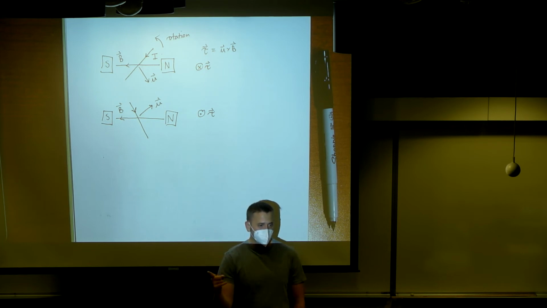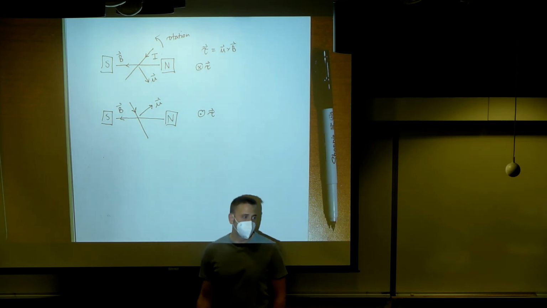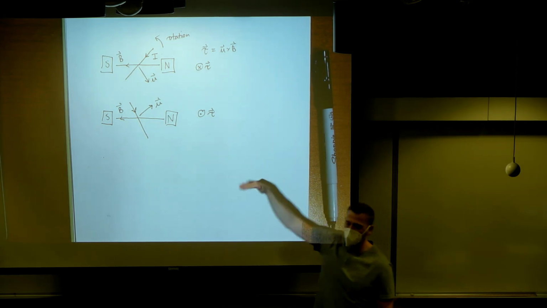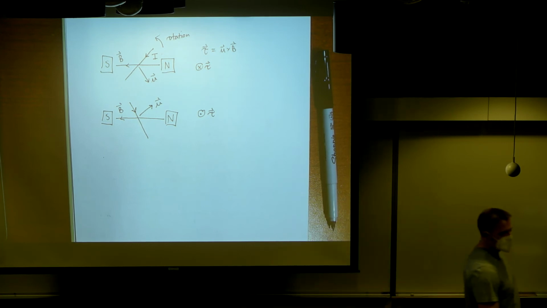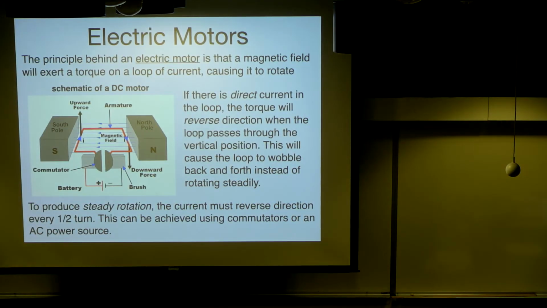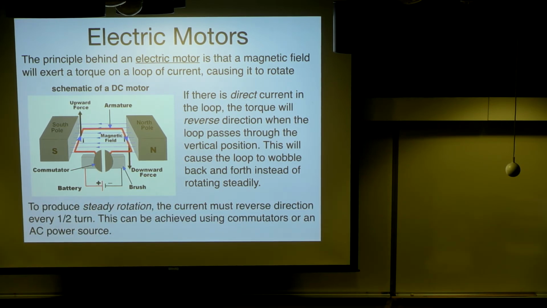So how do we fix this? We need the direction of the current to flip when the coil goes over the top like this. And the way we can cause that direction to change every half turn when the coil goes over the top is to use something called a commutator. This right here is a picture of a commutator. It's what's connecting our coil to the battery.